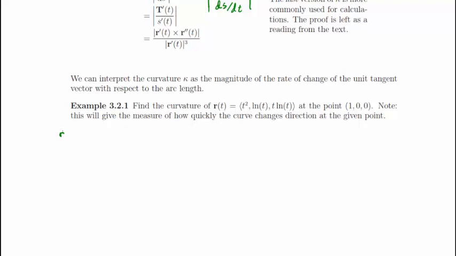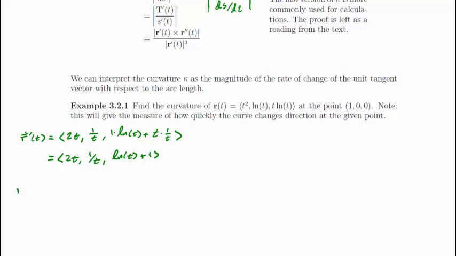Start with finding r prime of t. I'll give myself lots of room. r prime of t equals 2t, comma 1 over t, comma, and here I'm going to use the product rule: 1 times the natural log of t plus t times 1 over t. Simplify this down. This equals the vector 2t, 1 over t, natural log of t plus 1.